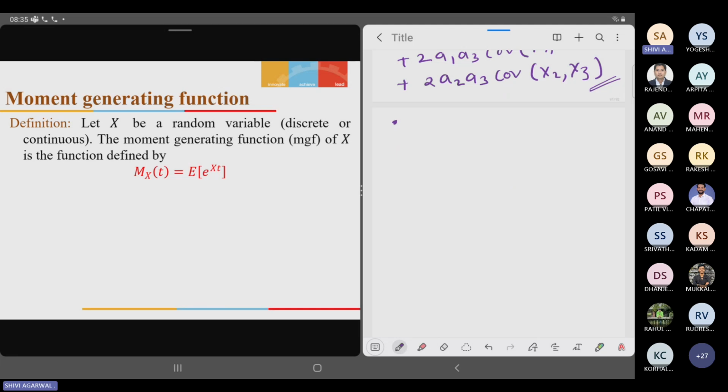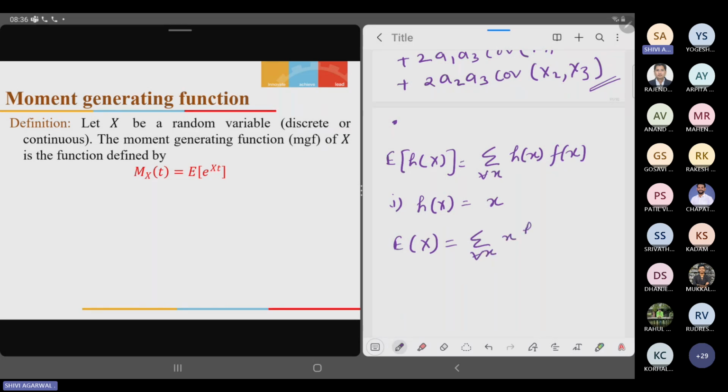So what is the moment generating function? If you remember, we have done the expected value of h(x), which in the discrete case is the summation over all x of h(x) multiplied with the density function. First we took h(x) equal to x, and we calculated the expected value of x as the sum of x f(x).